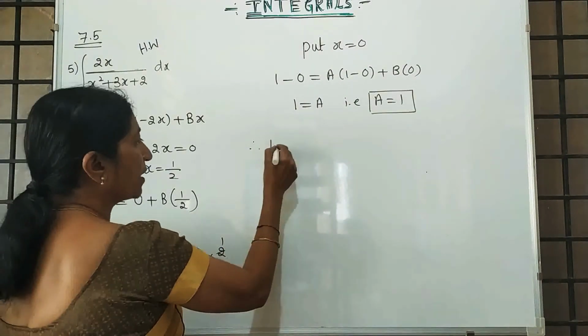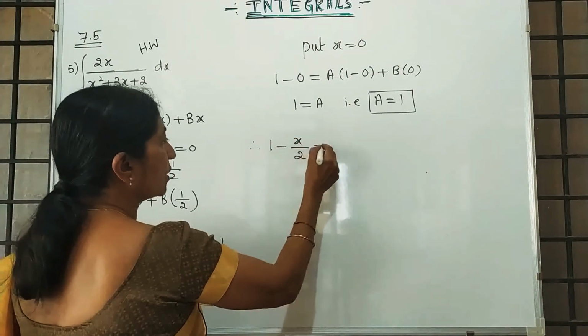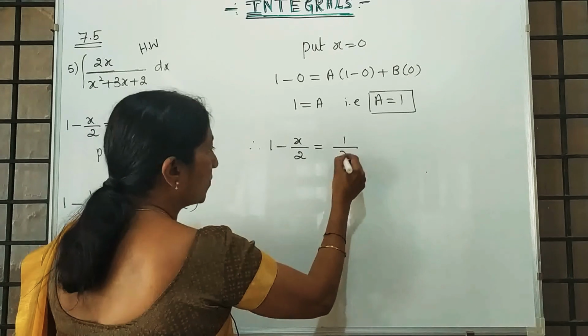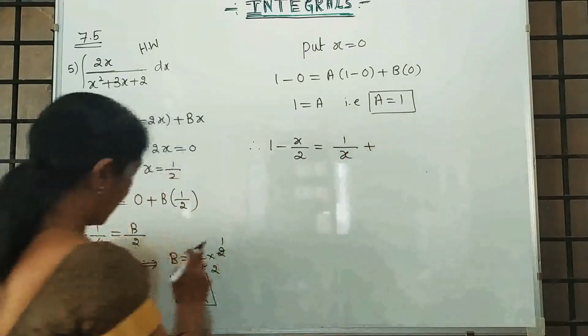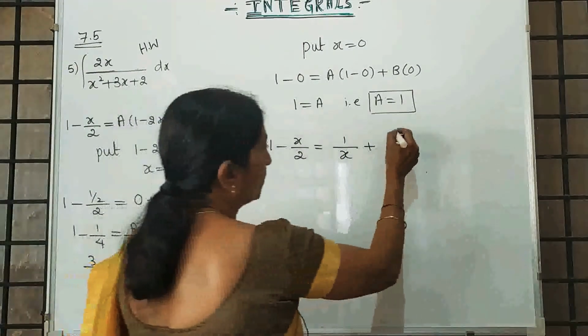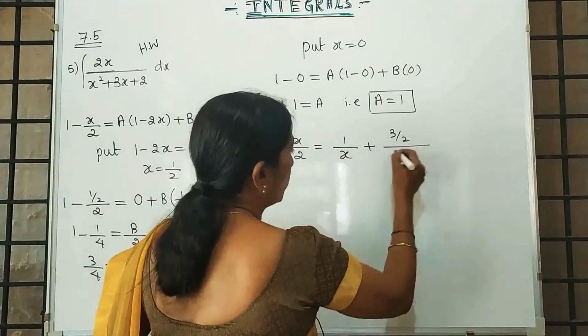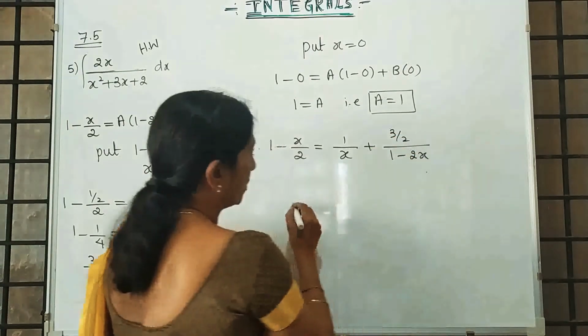Therefore 1 minus x by 2 upon x into 1 minus 2x is equal to 1 upon x plus, the B value is 3 by 2, 3 by 2 upon 1 minus 2x.